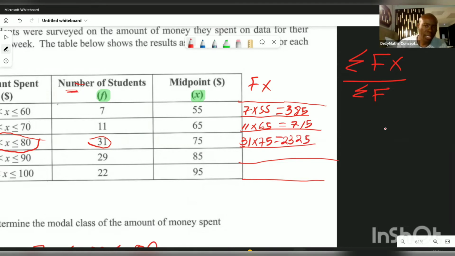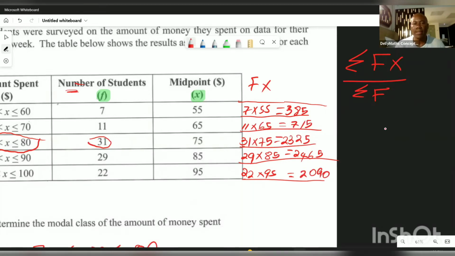The next one is 29 times 85, and that's 2,465. And the last one is 22 times 95, which gives us 2,090.